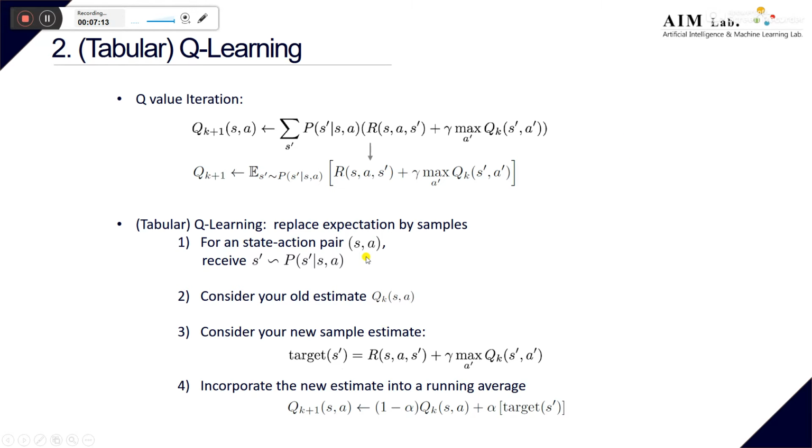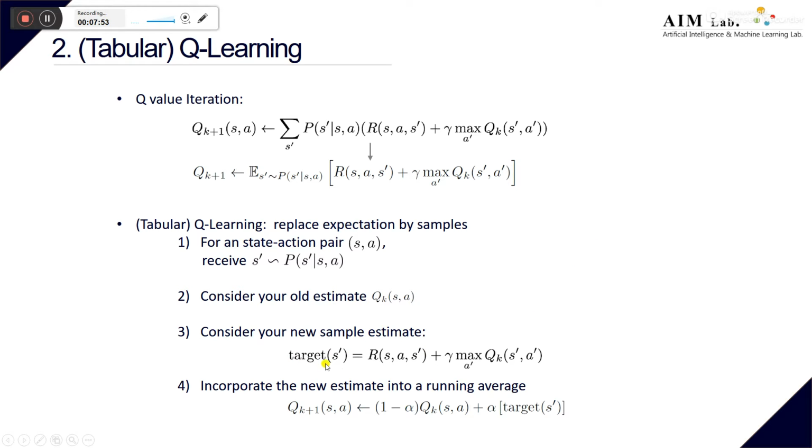First, sample a future state S prime from the transition function. We look at the current estimate Q_k(S, A), the Q value at step k. Also we consider a new sample estimate, called target(S prime), which consists of two parts.